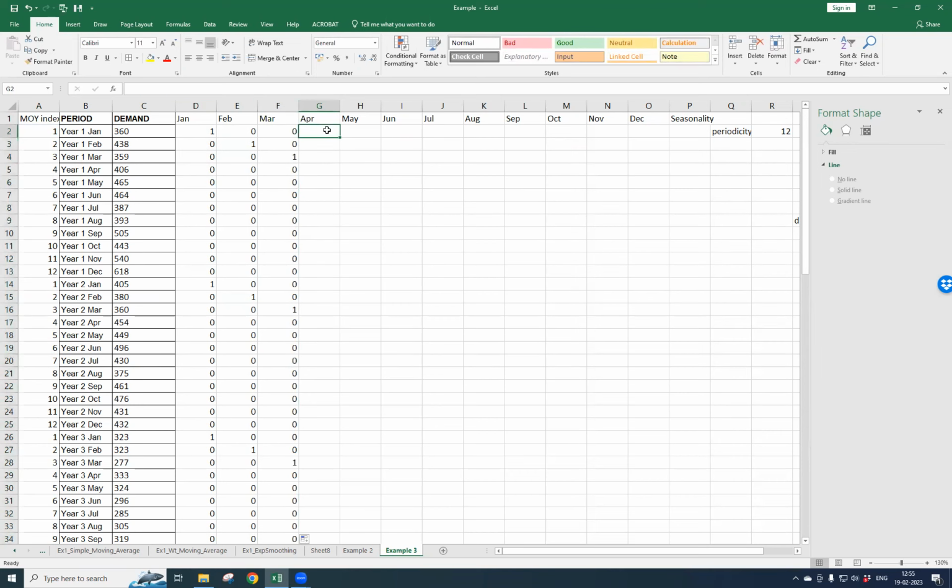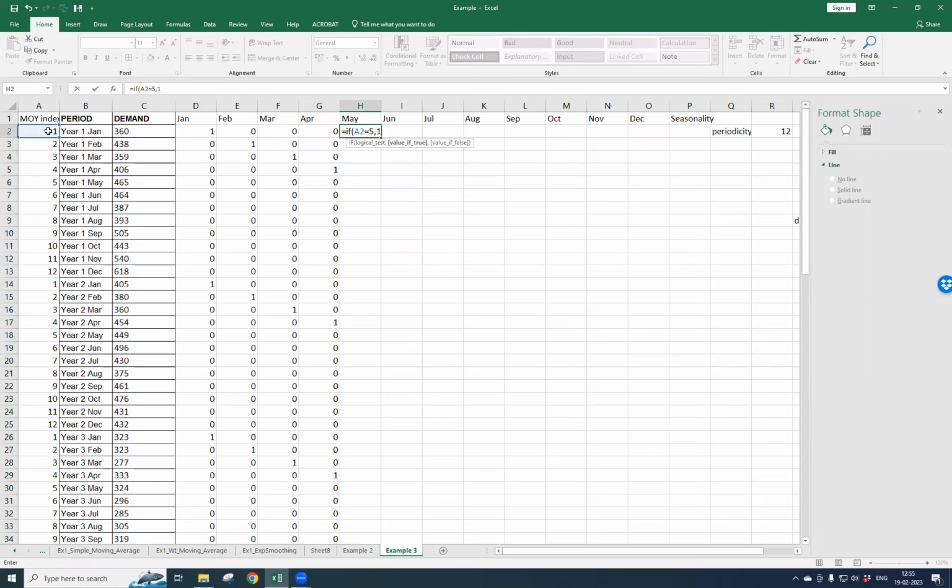Like that, I can create all these values. This is equal to 4, 1, 0, and so on. This is corresponding to 5. So let me make these values and then we'll go into the regression.